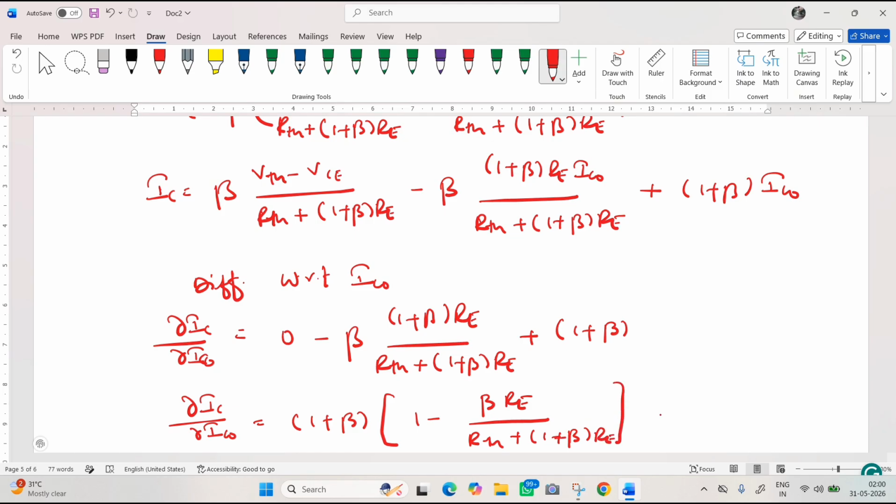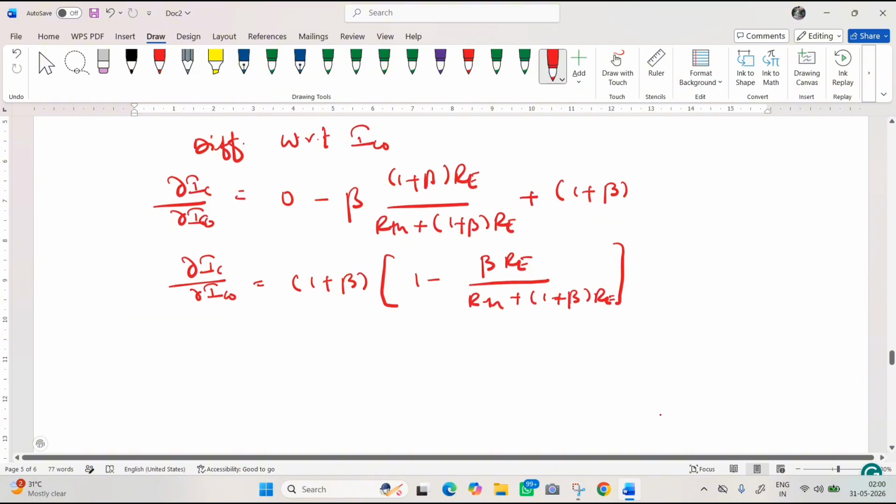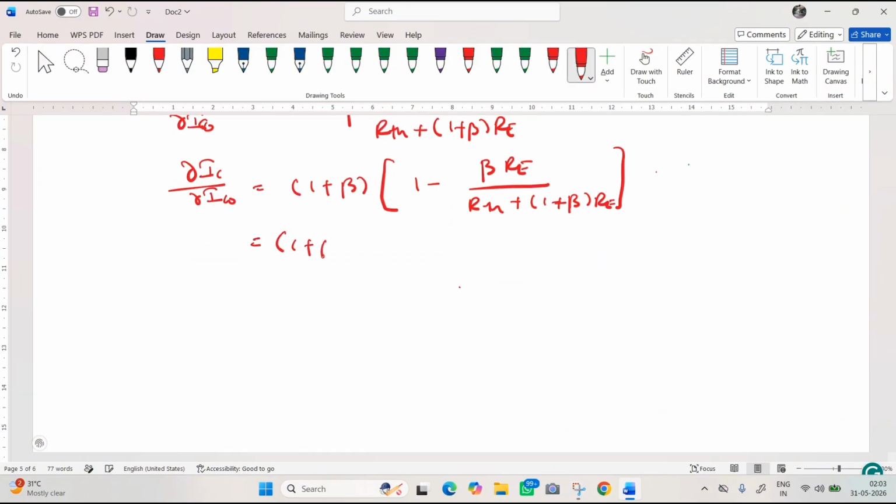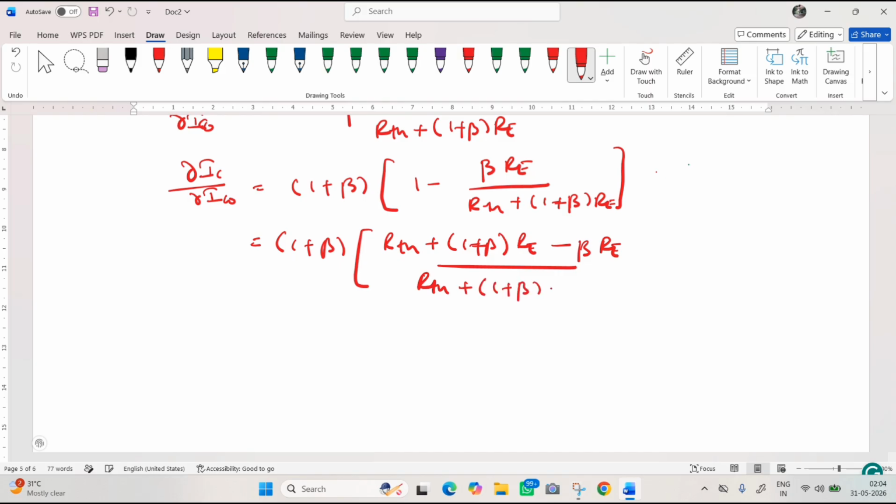Now let me do further modifications here. This expression will become (1 plus beta) times R Thevenin's plus (1 plus beta) times RE minus beta times RE divided by R Thevenin's plus (1 plus beta) times RE, right?